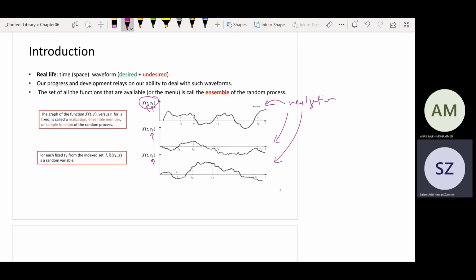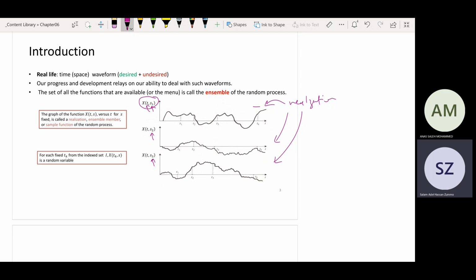We call the random process by different names, but in both cases, it's a function. So we denote every sample function as x of t and the outcome: S1 here, S2 here, S3 here. All of them are functions.